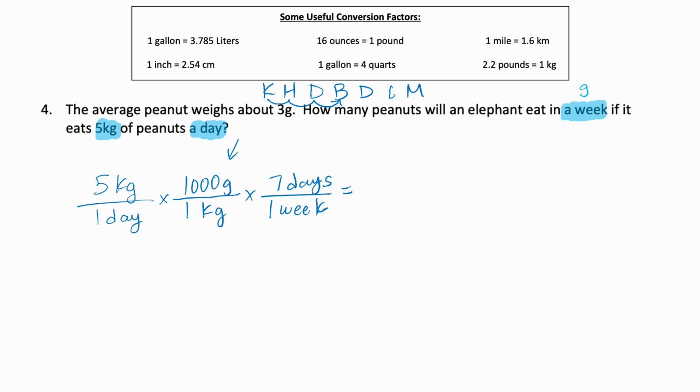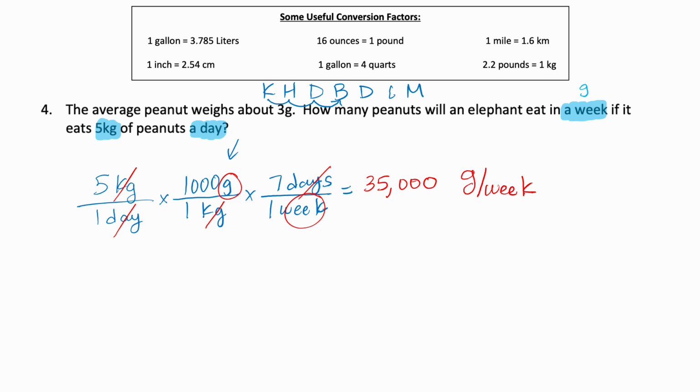So now if we look at our units, kilograms is gone, days are gone, and I'm left with grams per week. So grams per week. And now I can go ahead and do the math. So I have 5,000 times 7 is going to give me 35,000 grams of peanuts in 1 week.